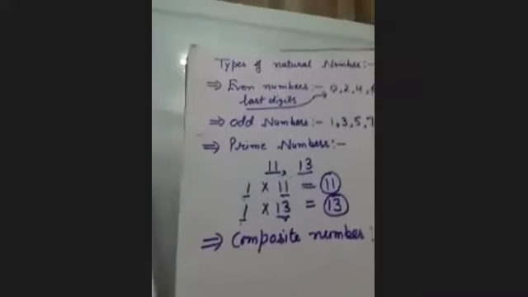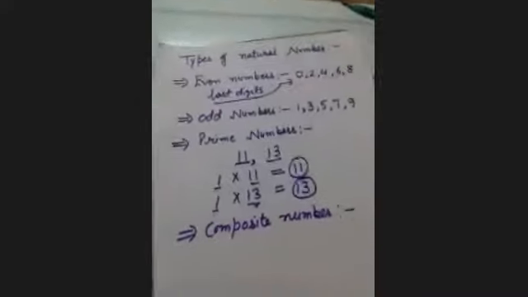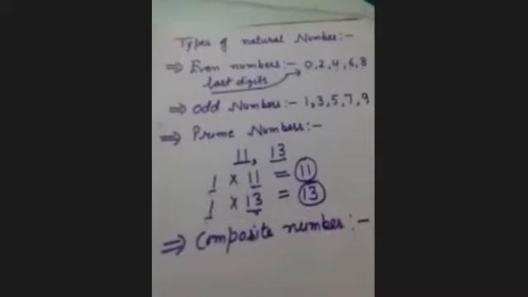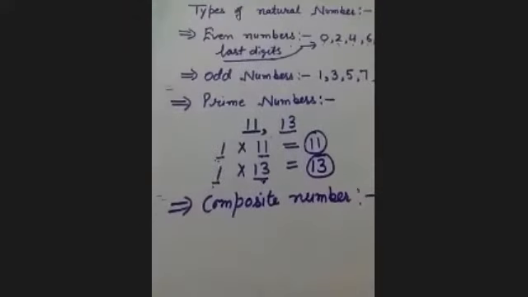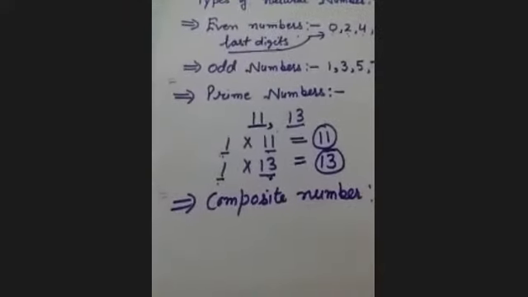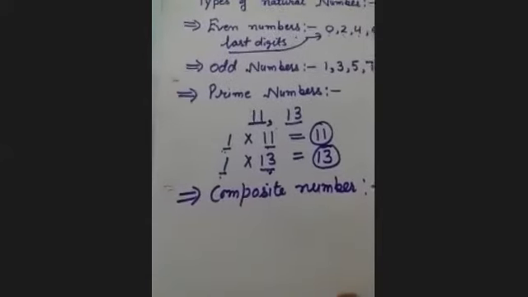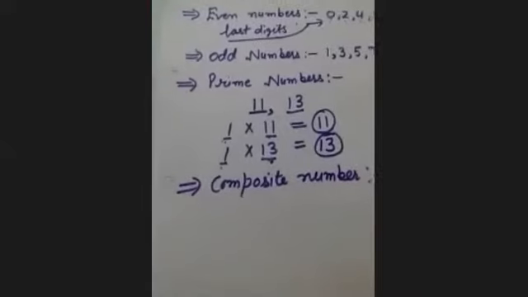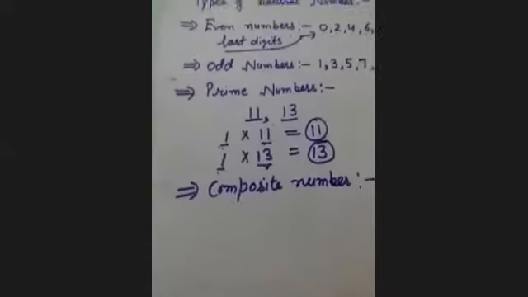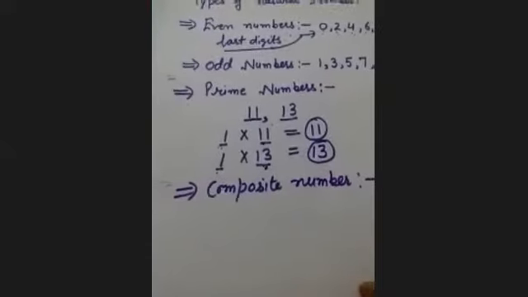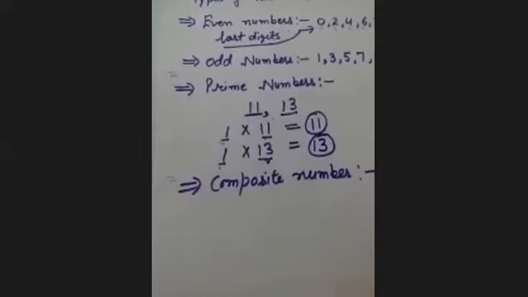Yes, students. What are composite numbers? A natural number which has more than two factors. Every natural number which has more than two factors is known as a composite number.